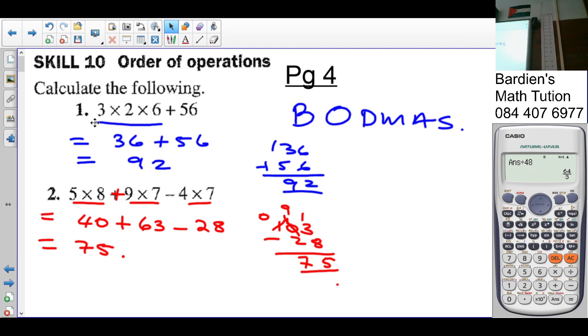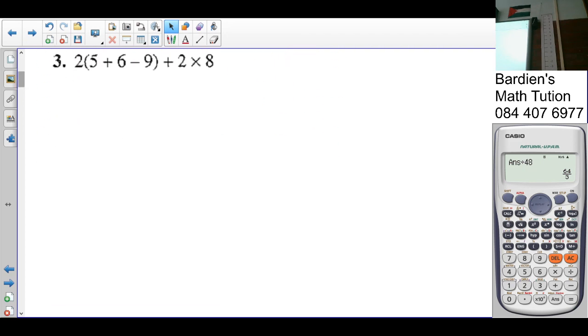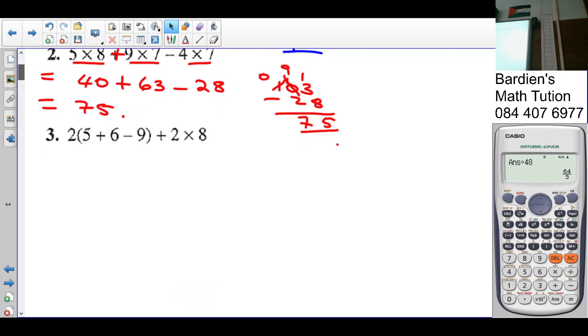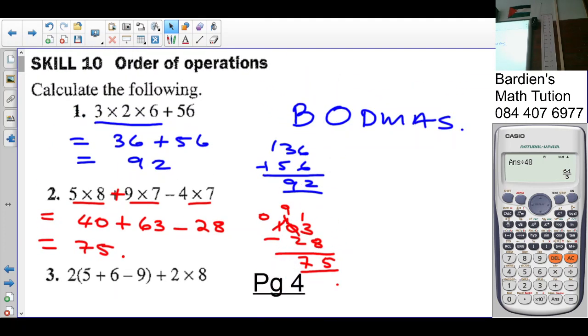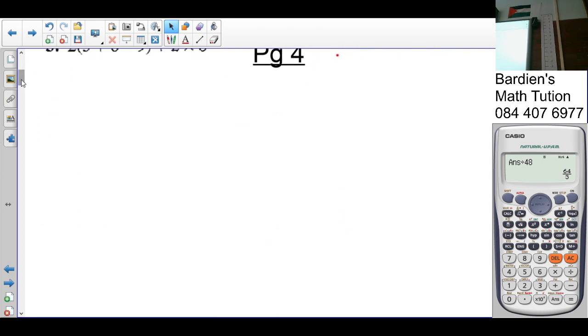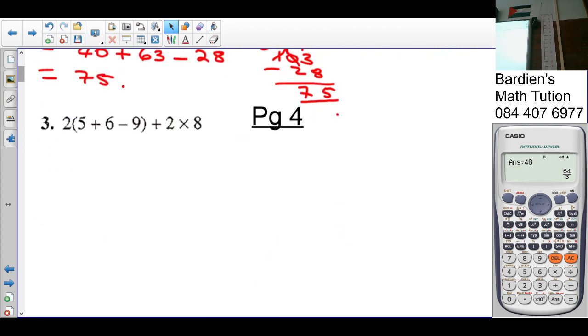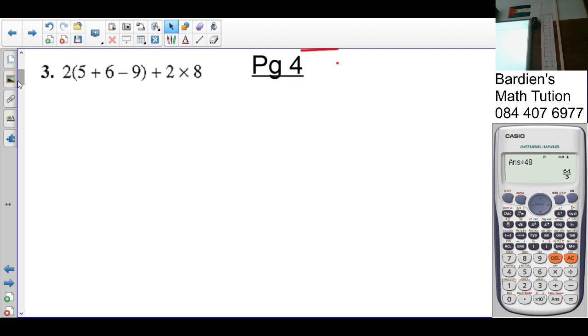Let's look at the last one quickly. Order of operations, page 4. According to BODMAS, what must be done first here? Brackets. So that will simply be 2 into, what's 5 plus 6? 11 minus 9? 2.